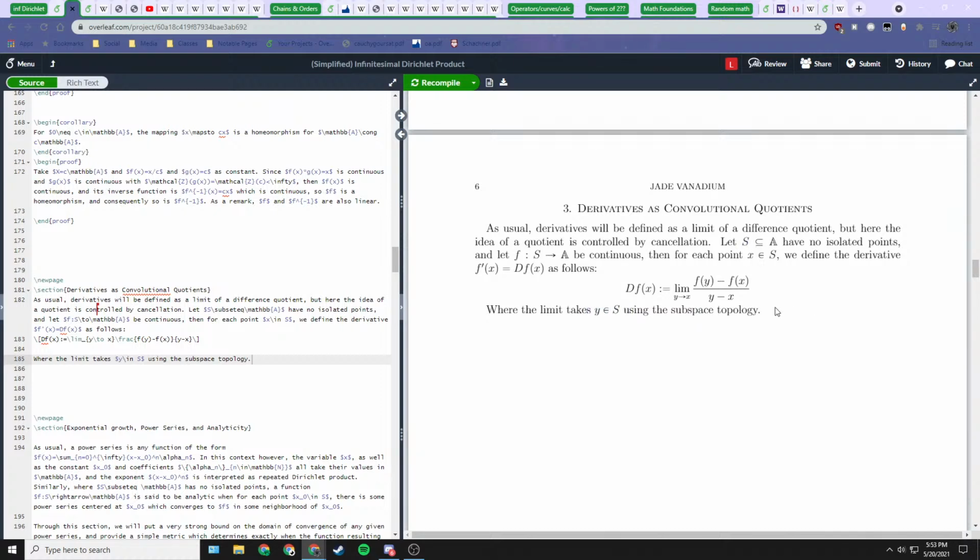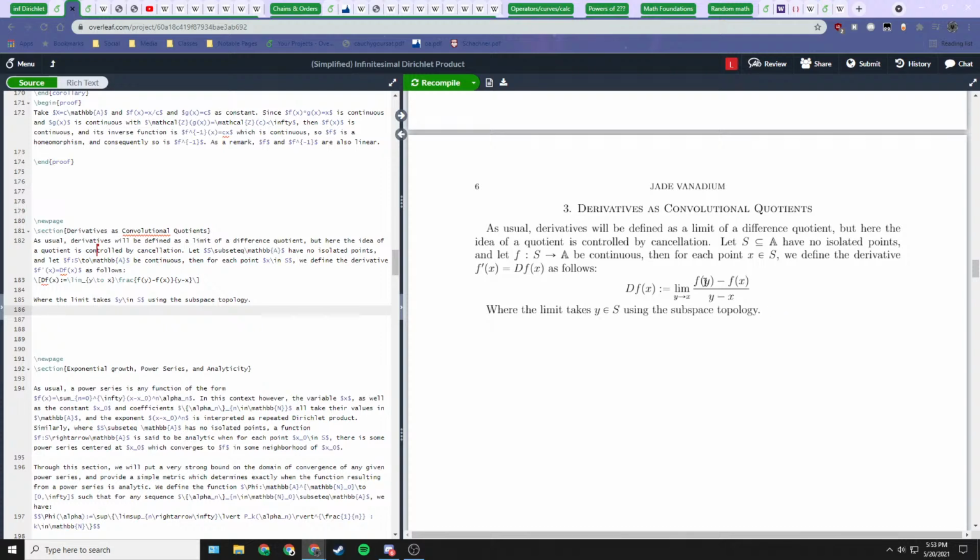Equivalently, for every sequence of y approaching x, restricted to be inside the set S, we want this quotient to eventually be defined, and we also want it to have a limit.